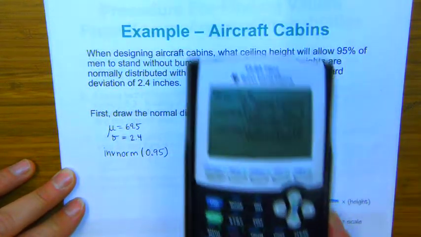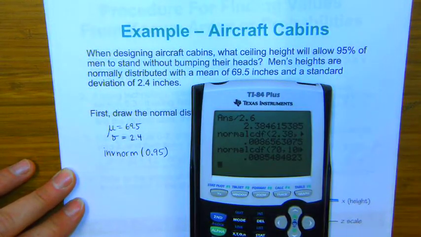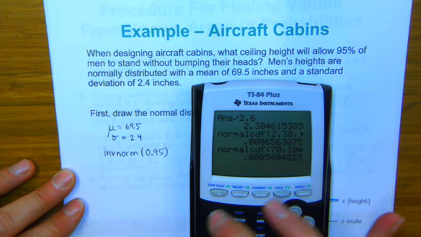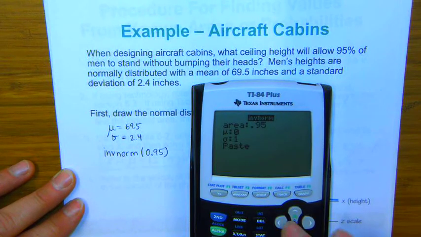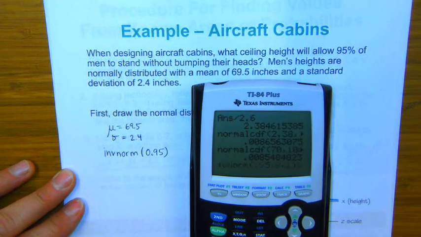So let's use that on our calculator. We go to distribution by clicking the second vars button, then down to inverse norm. We put in an area which is to the left, so 0.95, and then we hit paste.